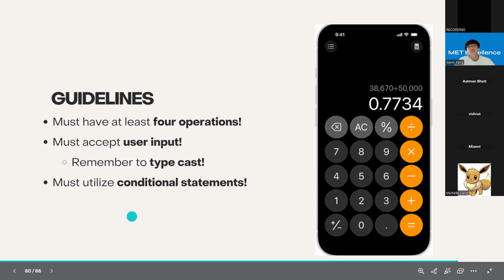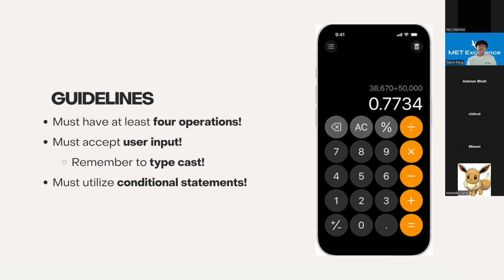When you're accepting user input in your program for your two numbers, or maybe even three numbers if you wish, just remember to typecast those user input variables. Like we've discussed previously, user input always outputs a string. So you want to make sure you typecast that into a float or an integer, and make sure to typecast it to a float specifically.